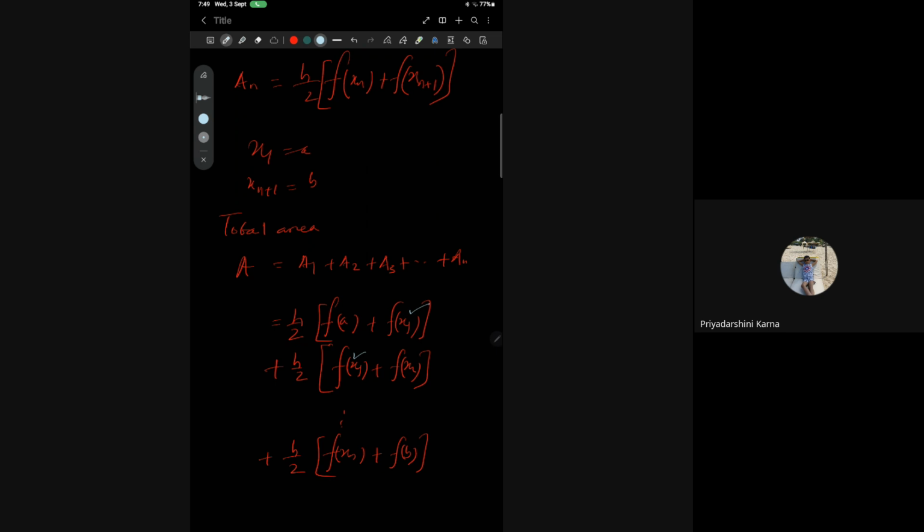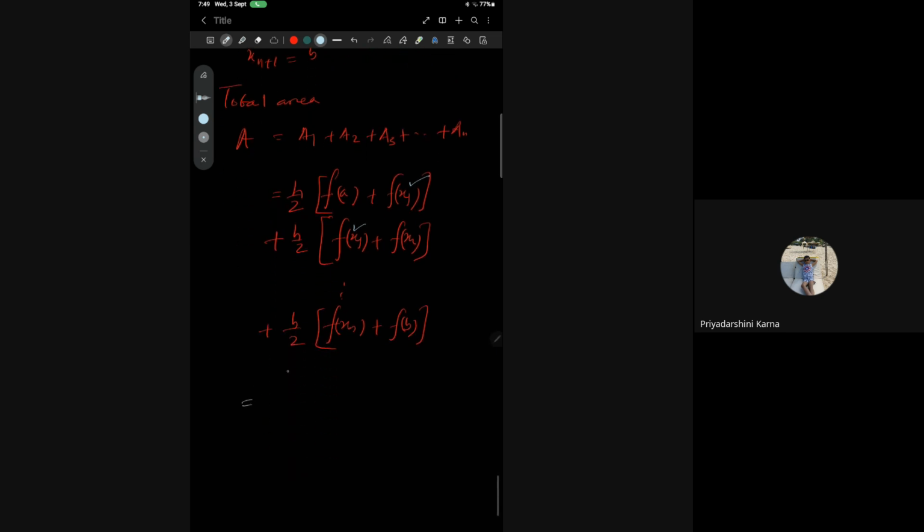So half x1, half x1, that will be full x1. If I write the formula, it will be h by 2 into f of a plus f of b plus 2 times f of x1, f of x2, f of x3 up to f of xn.